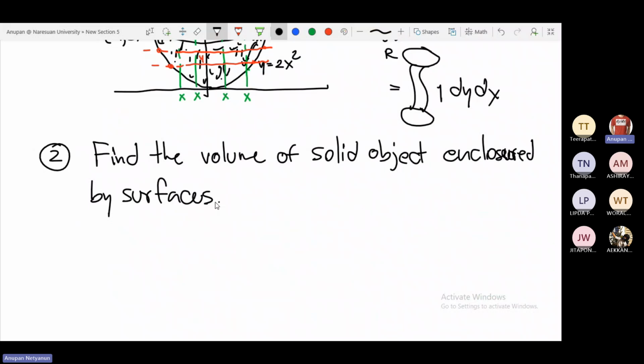For this, actually, it's going to be the same thing that we did to find the volume for the solid object under the surface, over the region R, which is double integral, okay? So let's see how we can apply that knowledge to this kind of problem, okay?